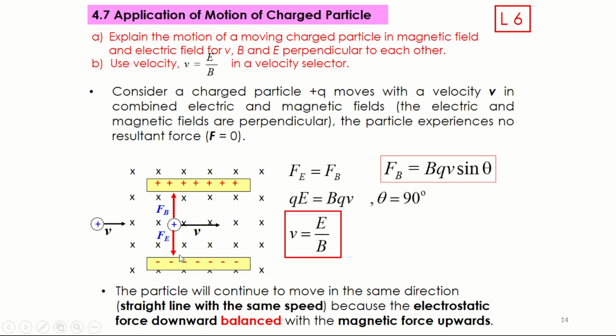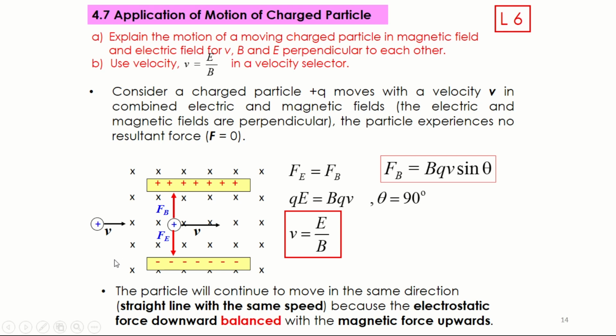So the particle experiences no resultant force, F is 0, so the particle moves in a straight line. How to determine the direction of FE? The direction of FE is the same as the direction of E if the test charge is positive.